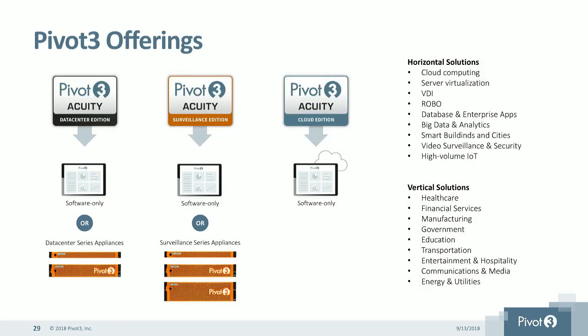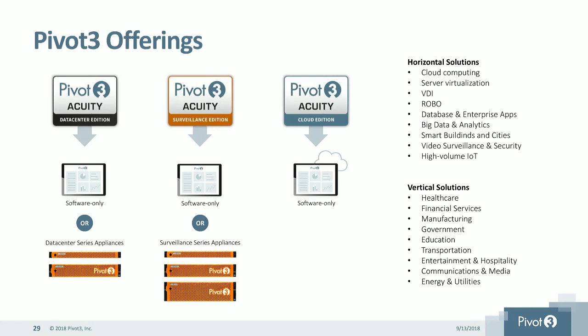And then just to quickly summarize, I mentioned before that at Pivot3 we have a set of hyperconverged software-defined offerings, and so we spent a lot of time talking about hybrid cloud and how we can run our software on the public cloud environments. There's different flavors depending on the different use cases.